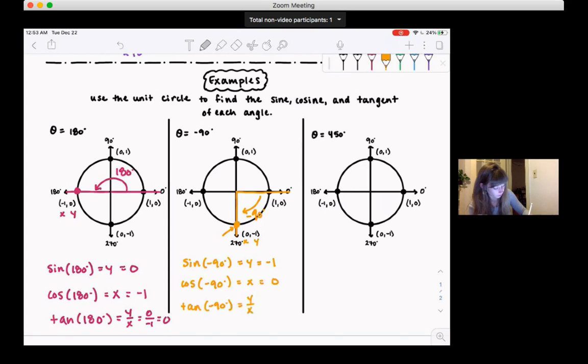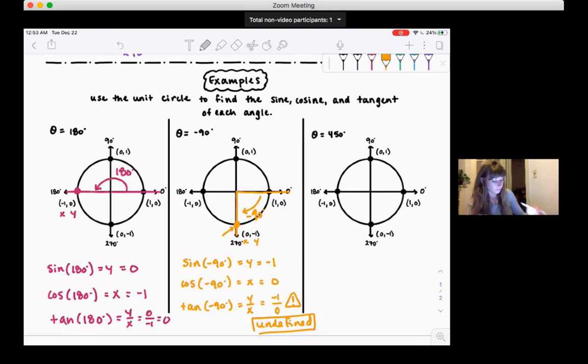Tangent is the y over the x, so that would be -1 over 0, but this is a problem. Dividing by 0 is undefined, so we say that this is undefined. So we had -1 for sine, 0 for cosine, and tangent was undefined. You can say that, undefined, as your answer.